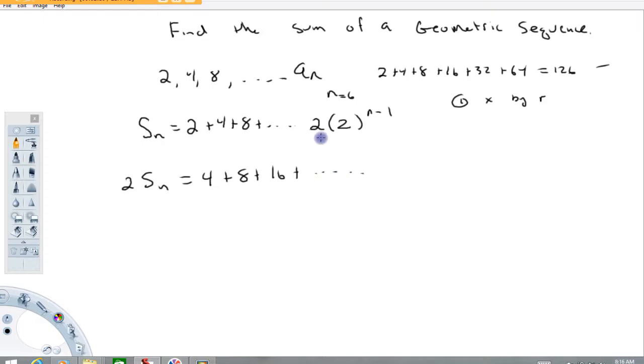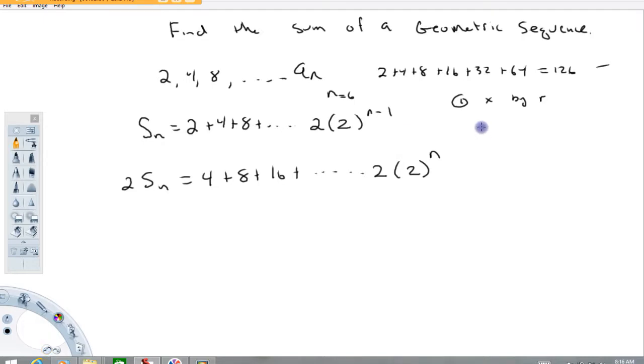The last term, when we multiply by 2, is now going to be 2 to the power of n, not n minus 1. Because if I multiply this by 2, remember, when you multiply, you add exponents: 2 to the n minus 1 times 2 to the first would be just 2 to the n.